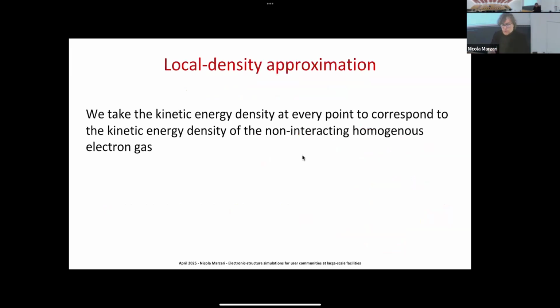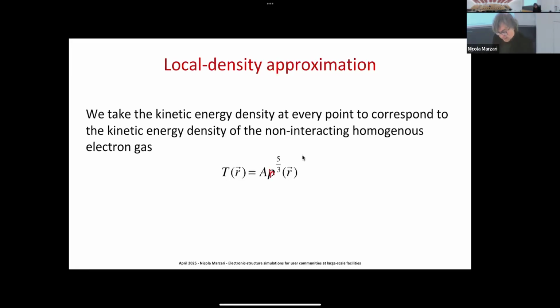So what is the homogeneous non-interacting electron gas? It's a physical system where the electrons don't feel each other, so they don't have electrical repulsion. The only thing that matters is the density. I can have 10 electrons per angstrom cube, or I can have 20 electrons or 1 electron. And so as a function of the density, I can actually analytically calculate this kinetic energy.